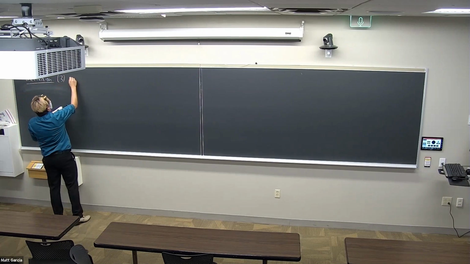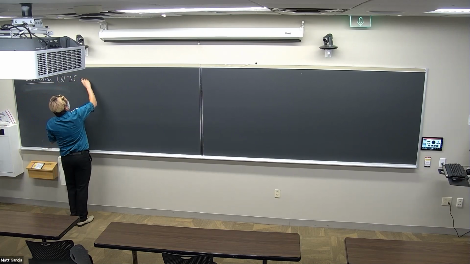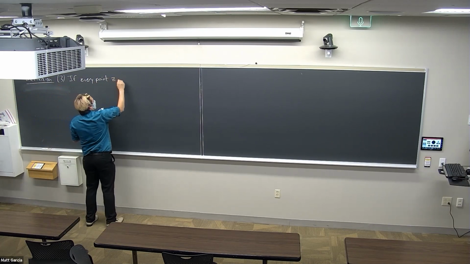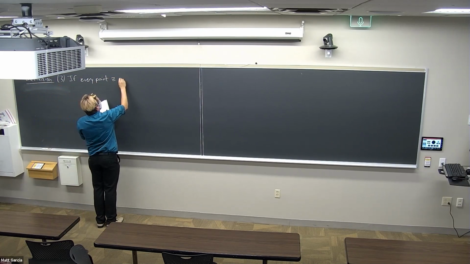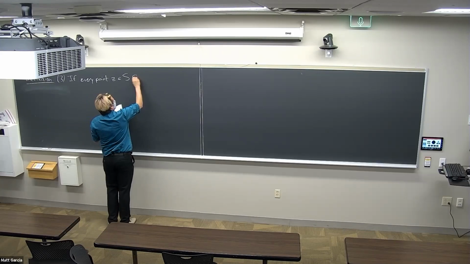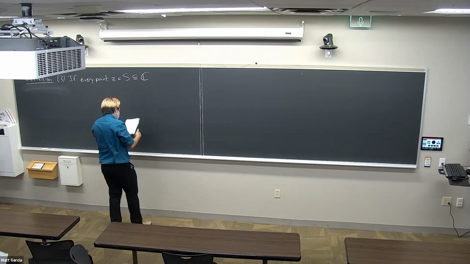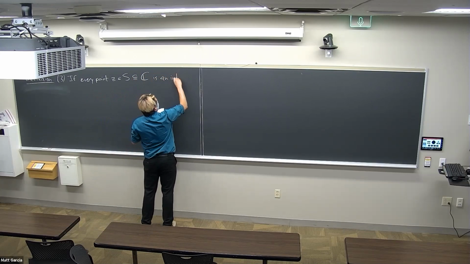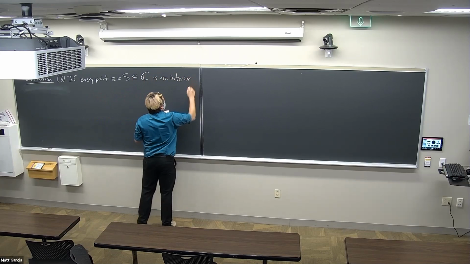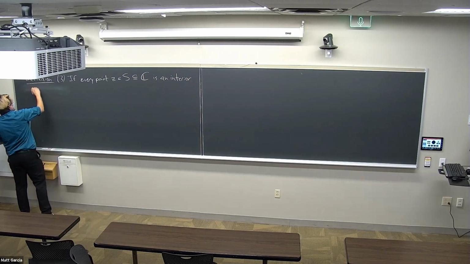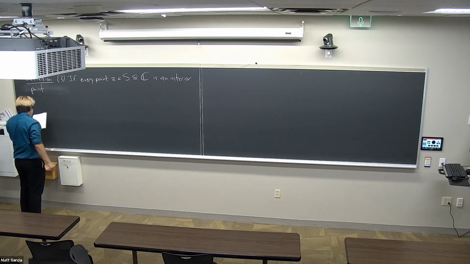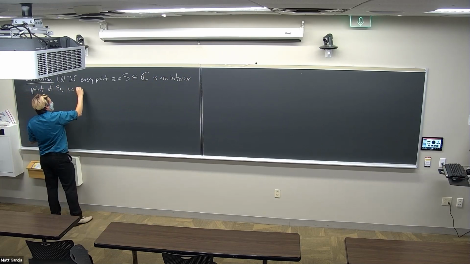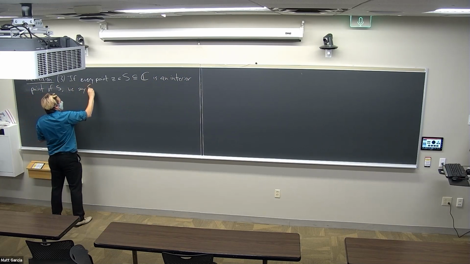So if every point Z of a set S, subset of the complex numbers, is an interior point of S, we then say S is open.